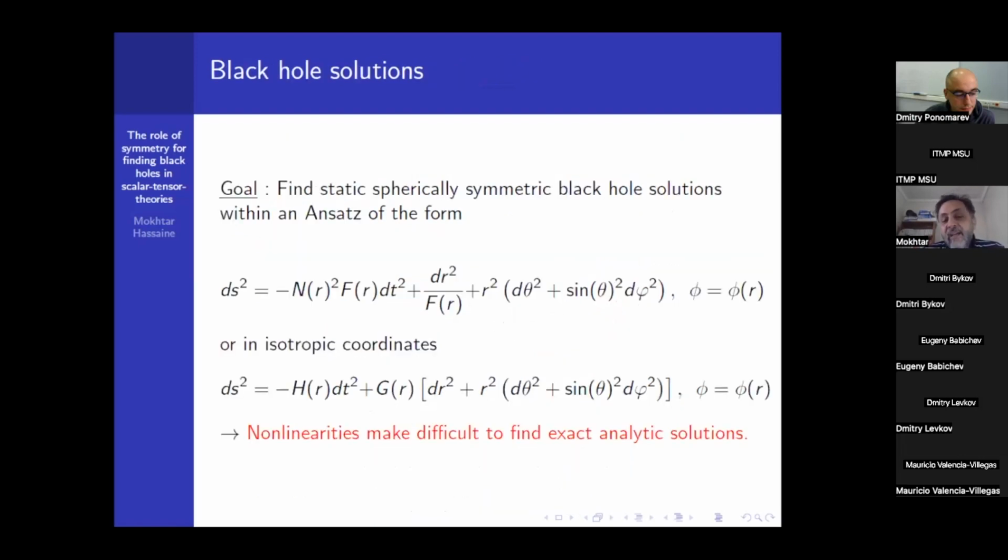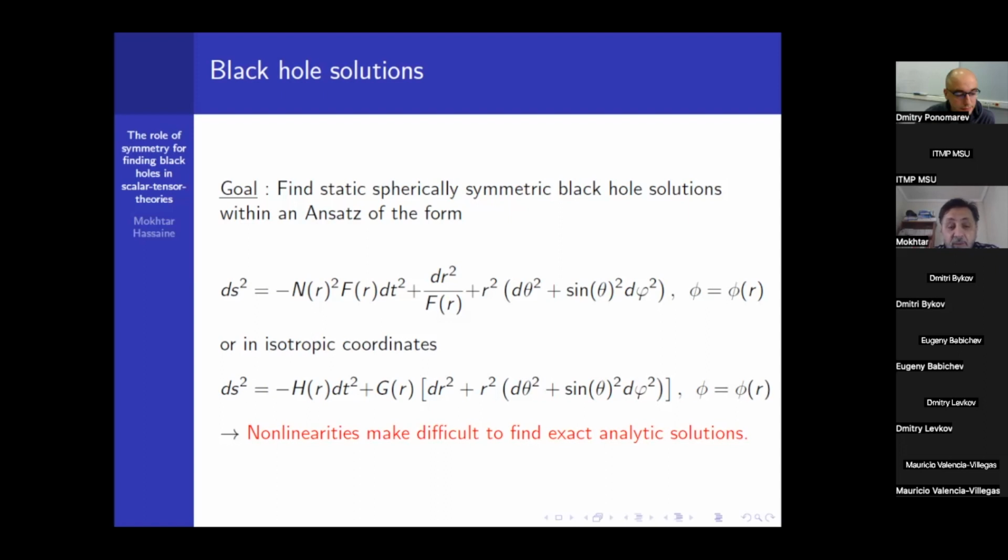The main goal is to find static and spherically symmetric black hole solutions of this kind of theory that belongs to the Horndeski theory within an ansatz of this form. I mean, in the Schwarzschild coordinates, a priori we have 2 metric functions with a scalar field that only depends on the radial coordinate, or sometimes it's much more advantageous to work with what is known as isotropic coordinates. It is completely equivalent, and they are diffeomorphic, but sometimes it's much simpler to work with the isotropic coordinates, which are also defined by 2 metric functions, and the scalar field we are always going to consider only depends on the radial coordinate.